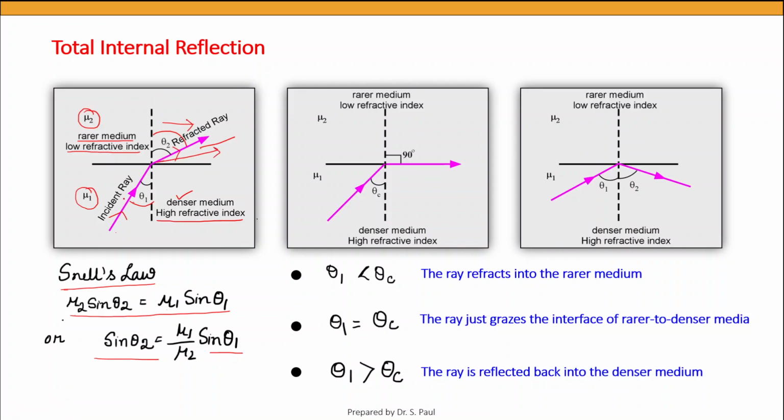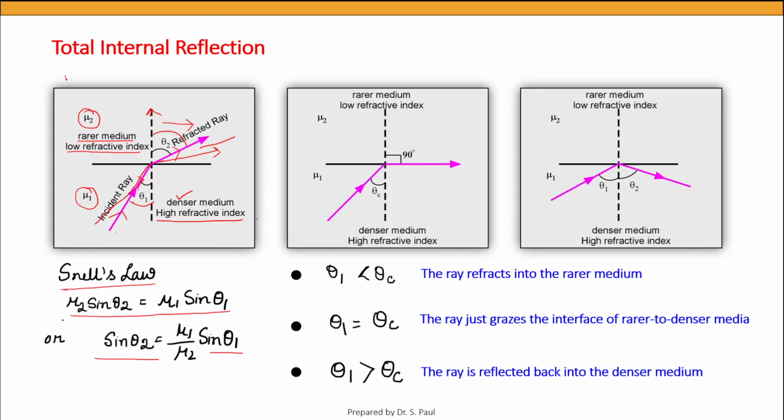So if we go on increasing theta 1, theta 2 will also increase and it will bend more away from the normal. So what happens at some particular angle theta c?